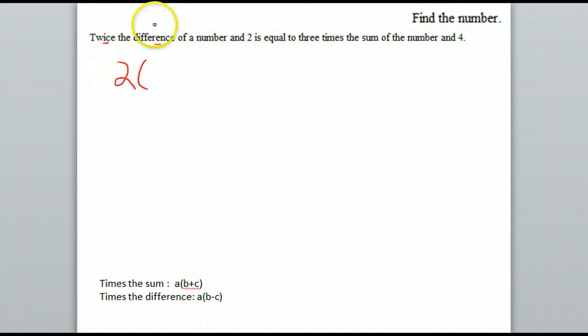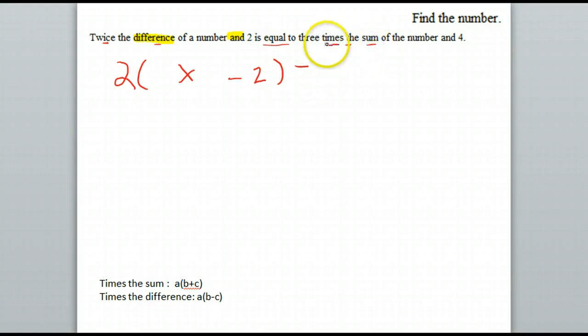Twice the difference. Alright, difference is an answer word. So I look for and. So there's where my subtraction is going to be. Okay, the difference of a number, so that's x, and 2. Alright, and then is equal to, that means our parentheses ends. So is equal to 3 times the sum.